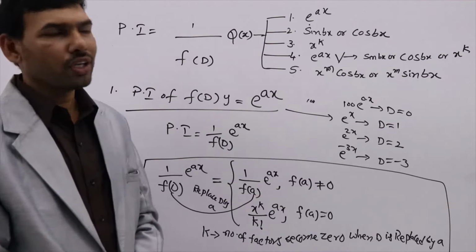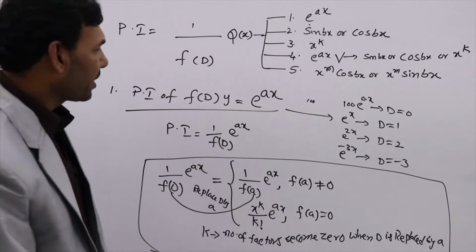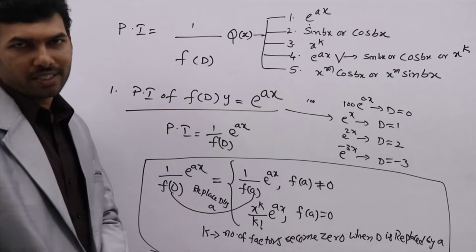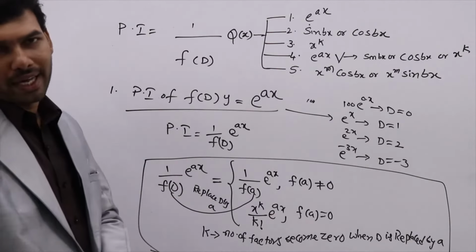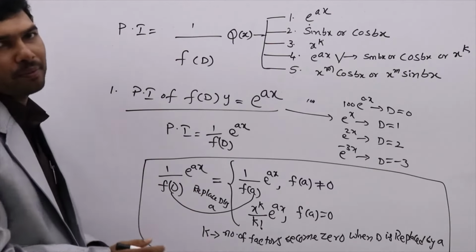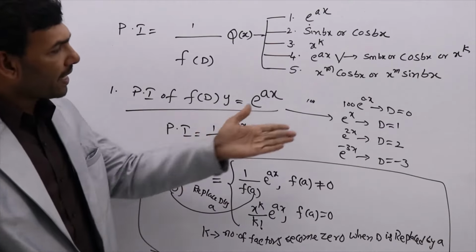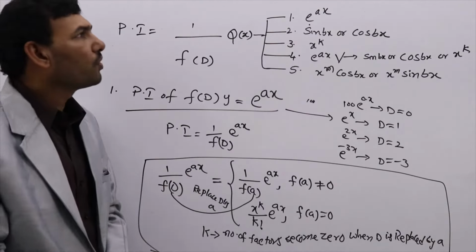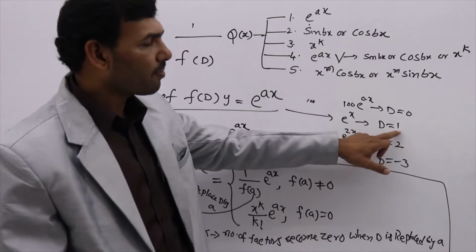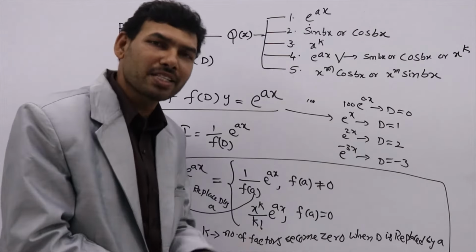Very easy rule. You can easily evaluate the particular integral of higher order whenever you have e power ax in the RHS. The simple thing you need to remember here is to replace capital D by a. Write a in the place of D. I have given clearly how to write it: if you have e power x in the RHS, find out what a is, and write 1 in place of D. Wherever you have D, replace it with a.